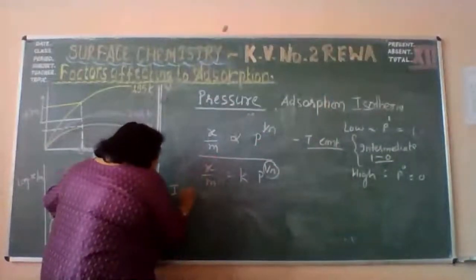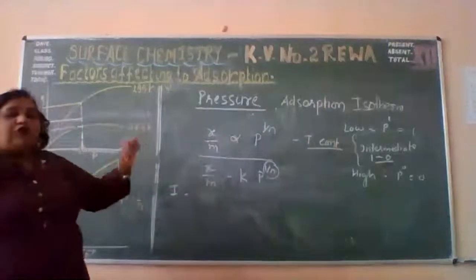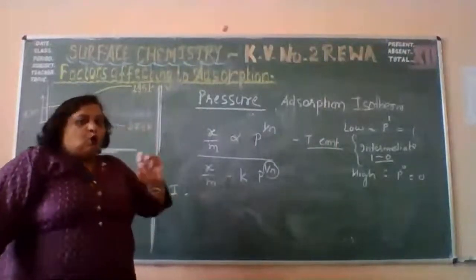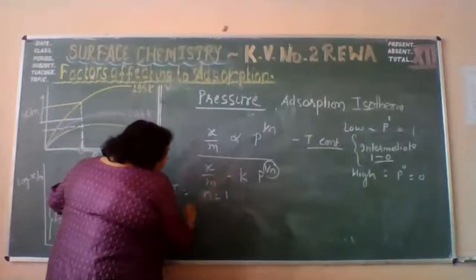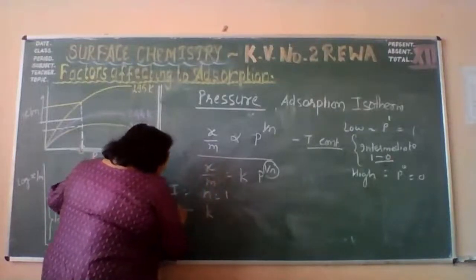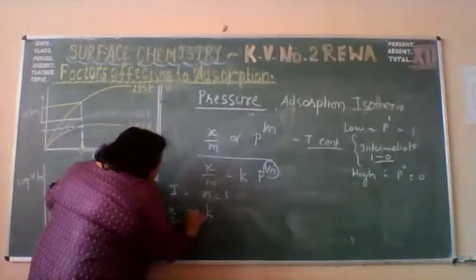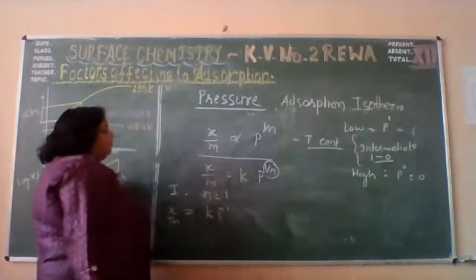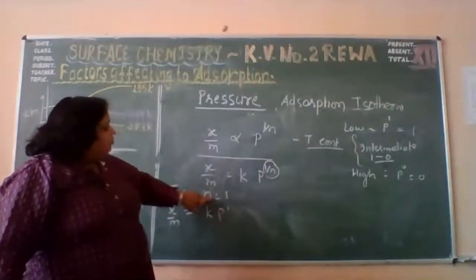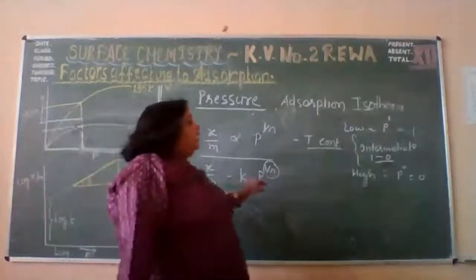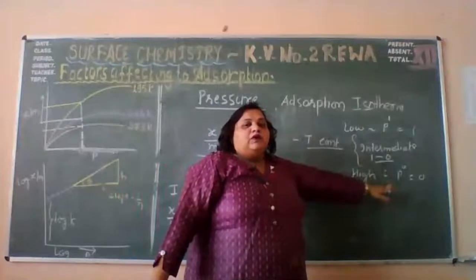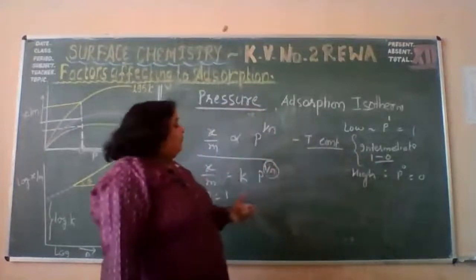The first condition I am discussing here, right? If the value of n is equal to 1, what will be your equation? x upon m is equal to k p to the power 1. That means its value may be 1, right? When will you obtain the value 0?